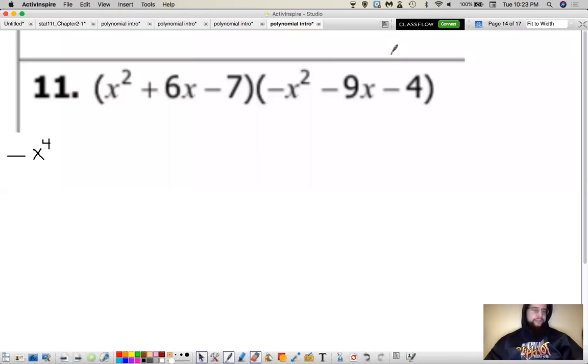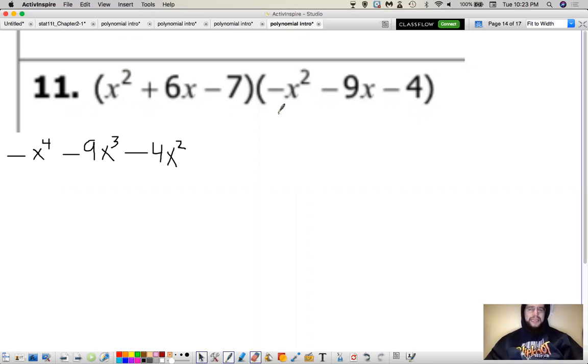Okay, I'm back. So, where are we? Yeah. X squared times negative x squared, negative x to the 4th. X squared times negative 9x, negative 9x cubed. X squared times negative 4, negative 4x squared. That's it for this guy. Moving on to the next one.